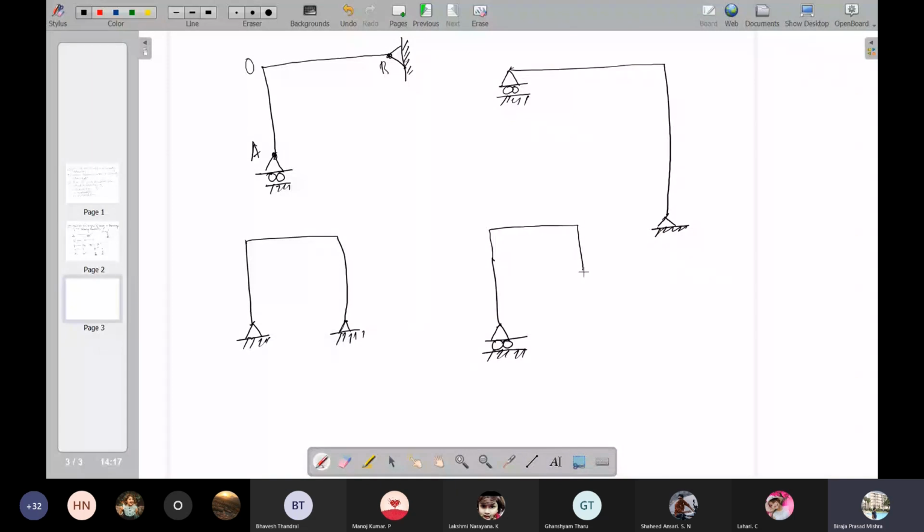Another structure can be like this. This is fixed, this is hinged, and this is, let's say, a roller. Okay, so this is your seventh question. The eighth question can be question number 8.